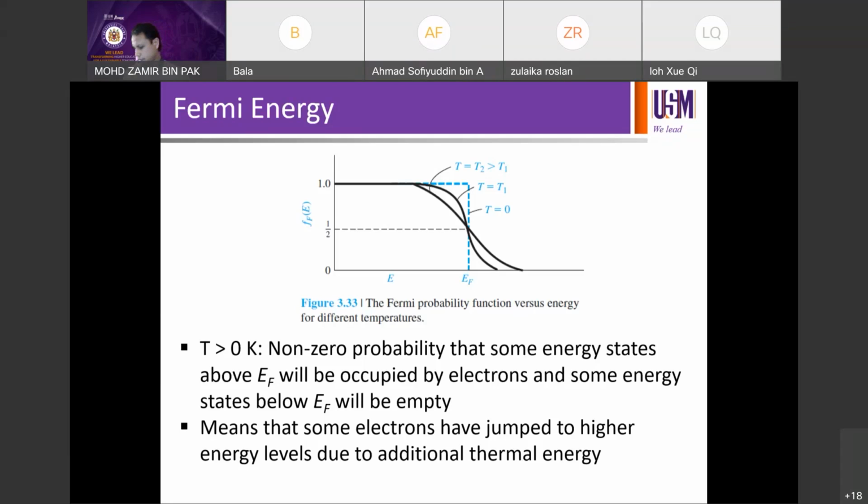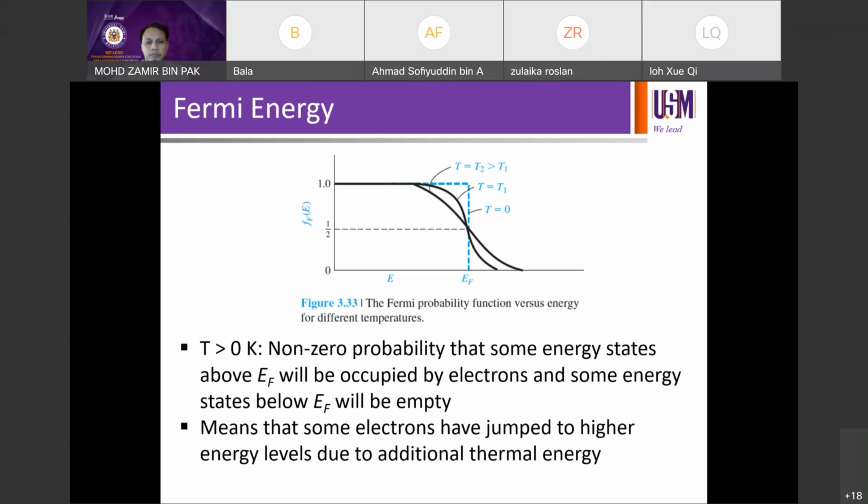So we have seen that the number of electrons that left the valence band are the very same electrons that are excited into the conduction band. We've also discussed that when you increase the temperature to T2, where T2 is higher than T1, more and more electrons are thermally excited into the conduction band.